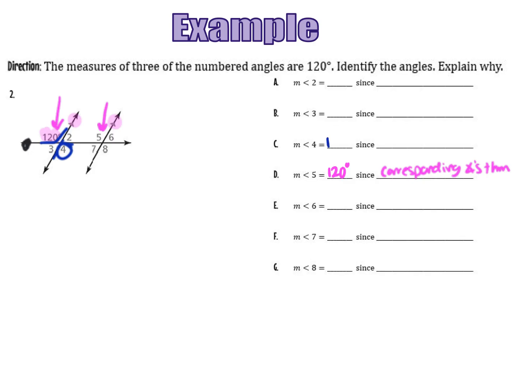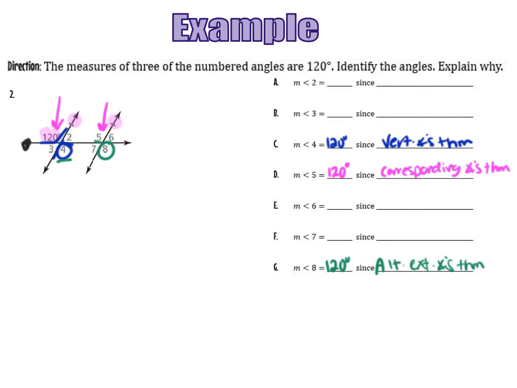So angle 4 is 120 degrees because of the vertical angles theorem, which we learned in a different section. Or I could say that angle 4 must be 120 degrees because it's an alternate interior angle to angle 5. So there's a variety of different reasons we can draw the conclusions that we are drawing. Angle 8 is an alternate exterior angle to the 120 degree angle. So 120 degrees because of the alternate exterior angles theorem.